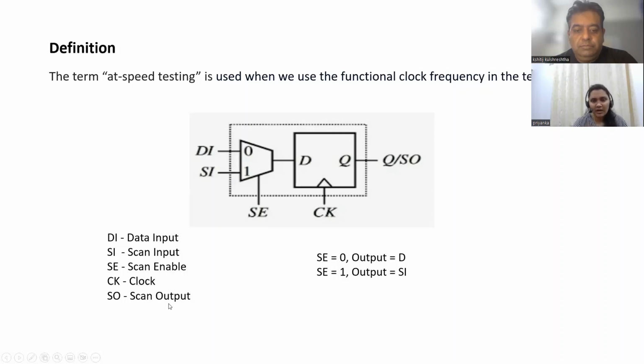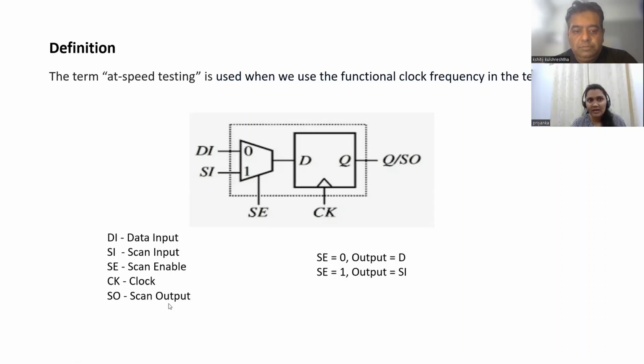So our output will depend on the scan enable signal. If it is 0, then we are getting D as the functional input. And whenever scan enable is 1, we are getting the SI input. It means the value which we keep on scan input, we get out.